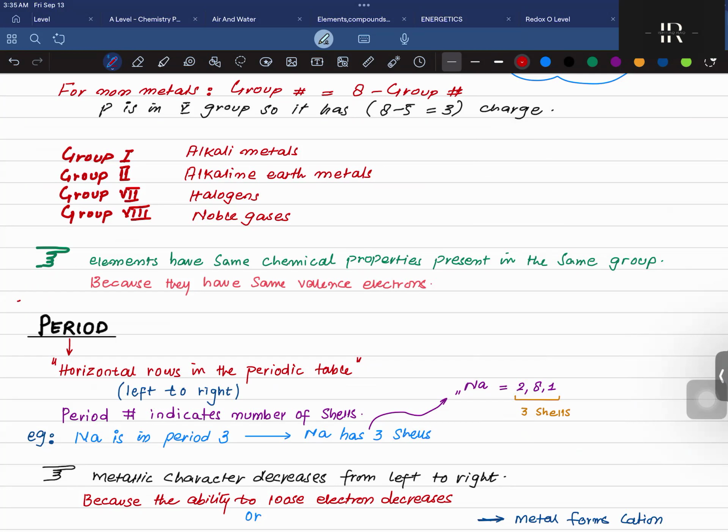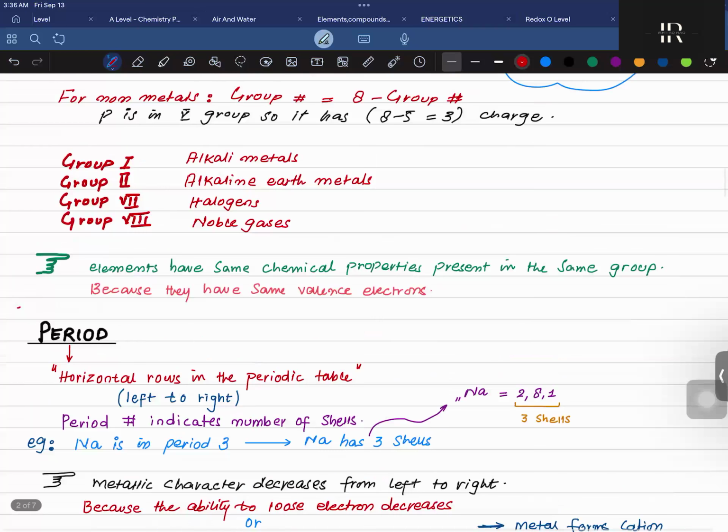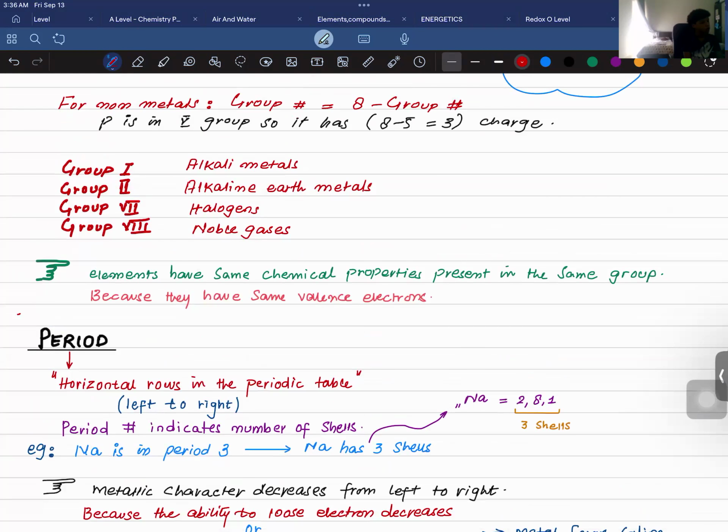Elements which have the same chemical properties.